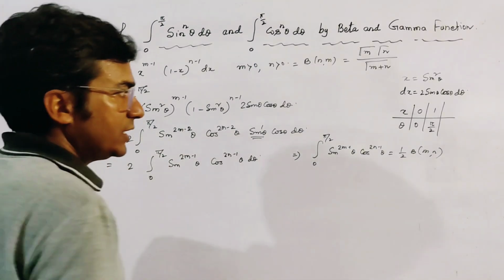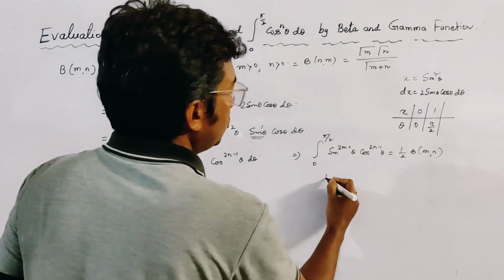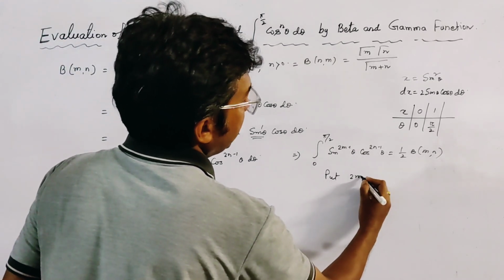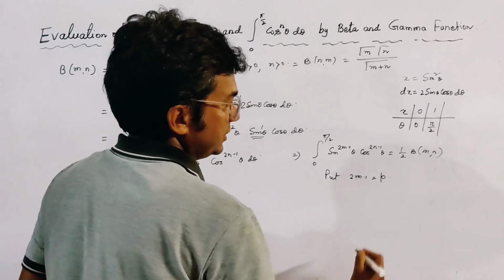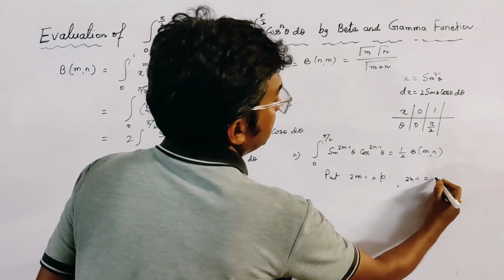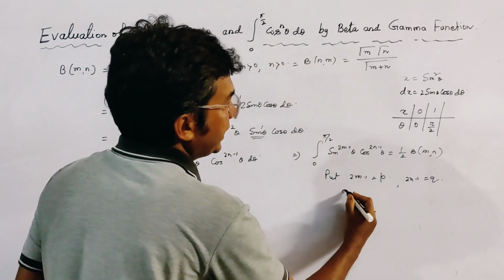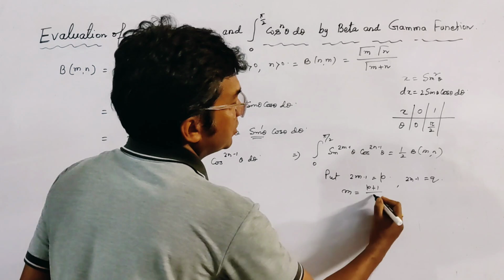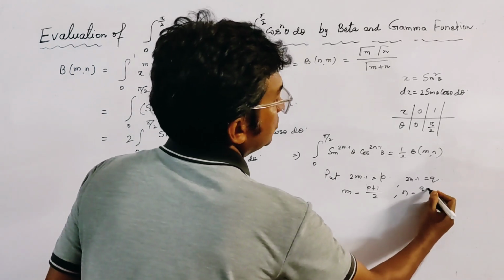Now if we put 2m-1 equal to p, and 2n-1 equal to q, then we get m equal to (p+1)/2, and n equal to (q+1)/2.